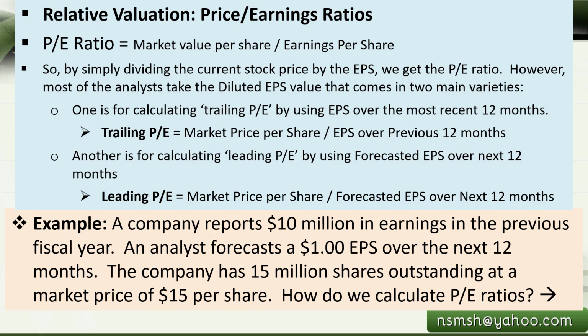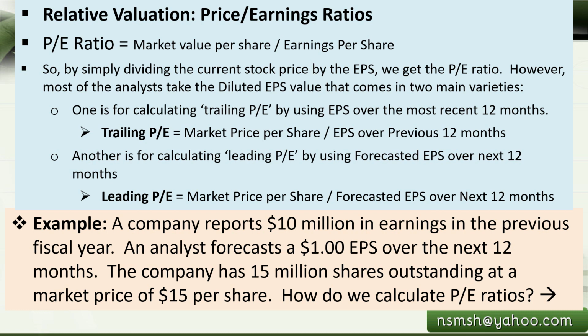Under market relative comparable valuation, take the price earning ratio. Again, there is a trailing PE and a leading PE. The simple difference is that for the trailing price earning ratio, the denominator is the earning per share over the previous 12 months, against the market price per share.